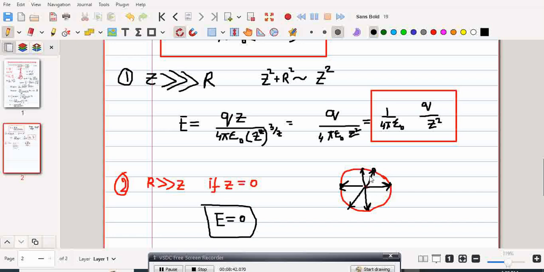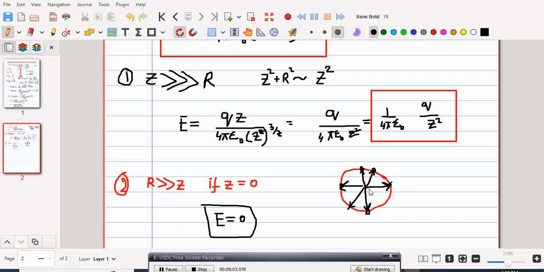So these two fields are equal and opposite because they are at equal distance, the radius r, they will cancel each other. Similarly for this point, there will be another point here whose electric field is equal and opposite, they will cancel each other. So for each point we can find another point where the two fields cancel each other.